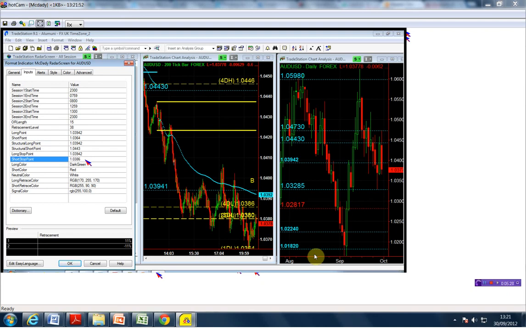So I'm risking about 25 pips on this trade, and my structure short point is right there. So pretty much if we do trade below the 103.64, it should take us to the 103.28.